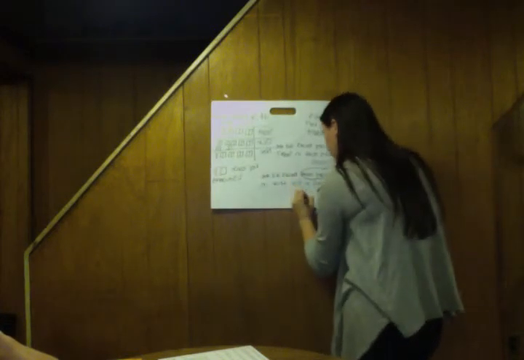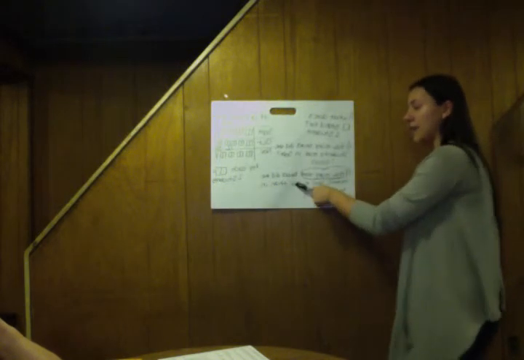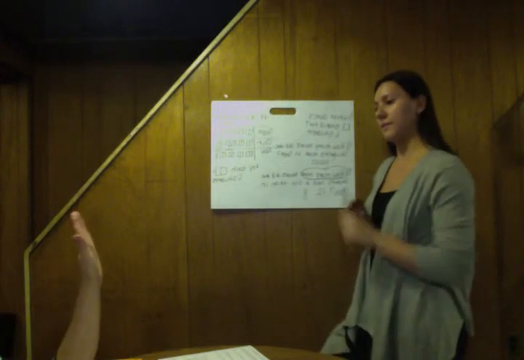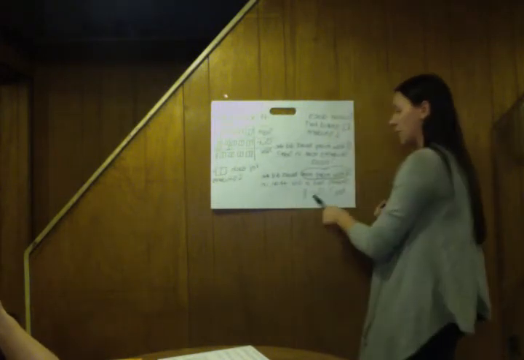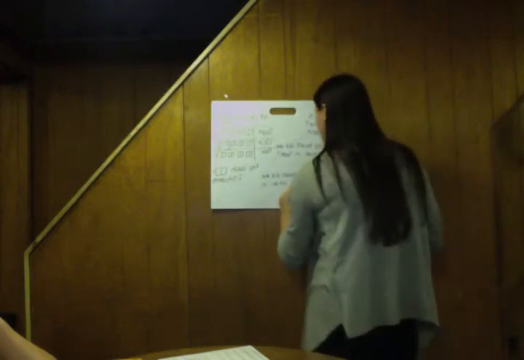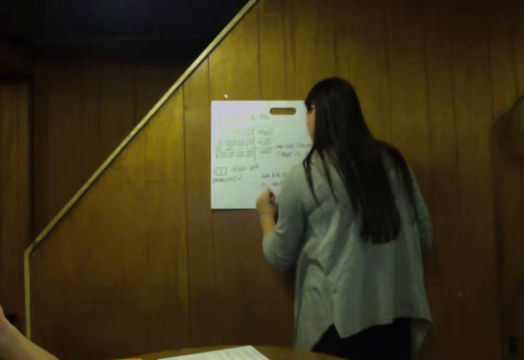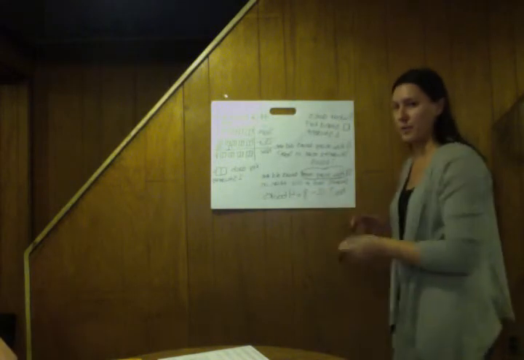So if they want to know how many more books that they read in October, are we going to do addition or subtraction? Subtraction. Good. We're going to do 12 minus 8, and that equals 4 books. So they read 4 more books in October than they did in November.